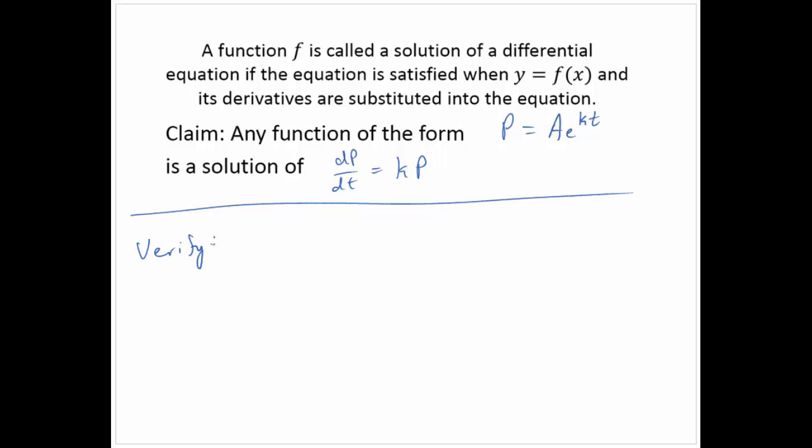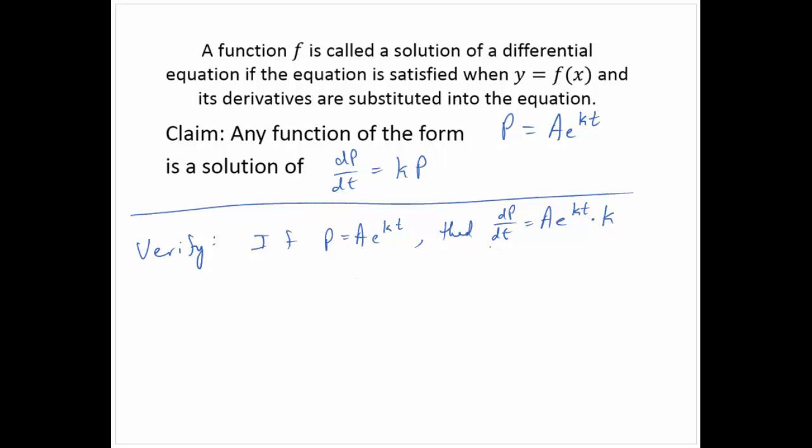If p equals a e to the kt is a solution, then I should be able to substitute it and its derivatives into the differential equation and come up with a true statement. I should be able to satisfy it. All right, so if p is equal to a e to the kt, then dp dt would be equal to a e to the kt times k from the chain rule. So that's, in a sense, the left-hand side.